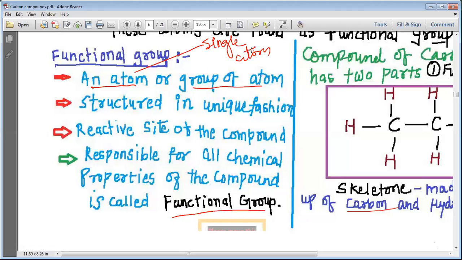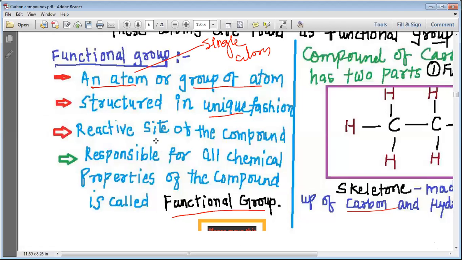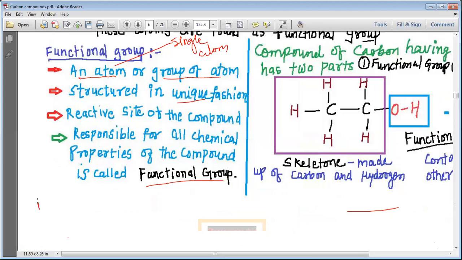The functional group may be a group of atoms structured in a unique fashion. Unique fashion means it has a structure which is not the same as another structure. So all the functional groups have their own unique structure.